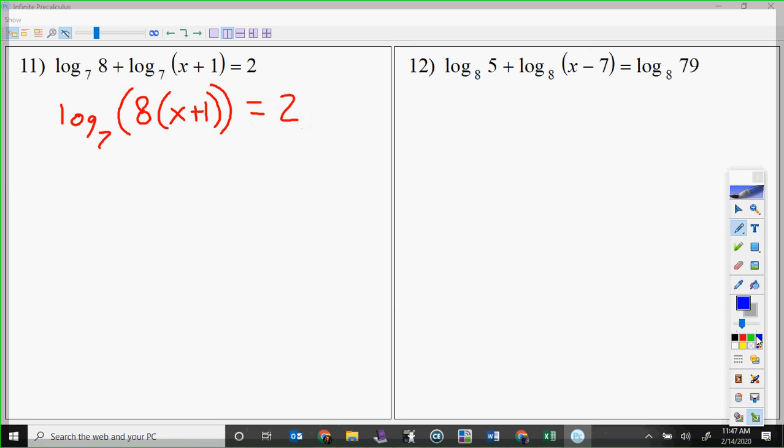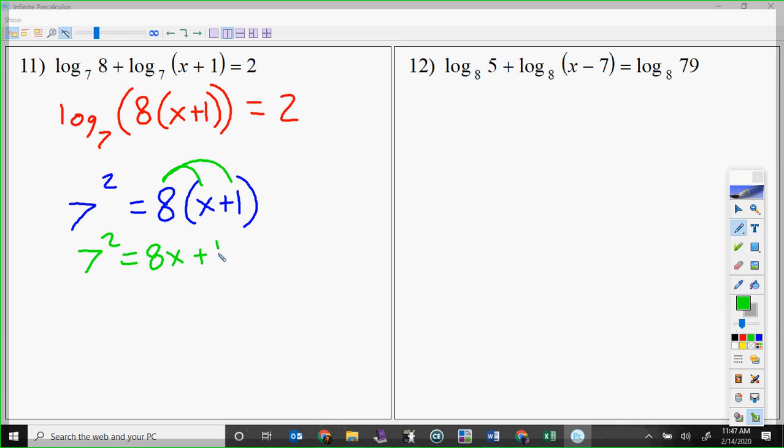I could go ahead and distribute the 8 now or wait. I'm just going to wait. If I do it now, it'll still be perfectly fine. So I change the form. 7 to the second power equals 8 times x plus 1. Now I'm going to go ahead and distribute it. I should have probably went ahead and written that 7 squared is 49.